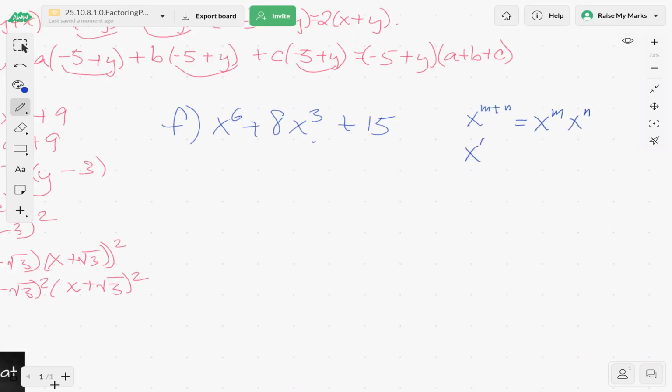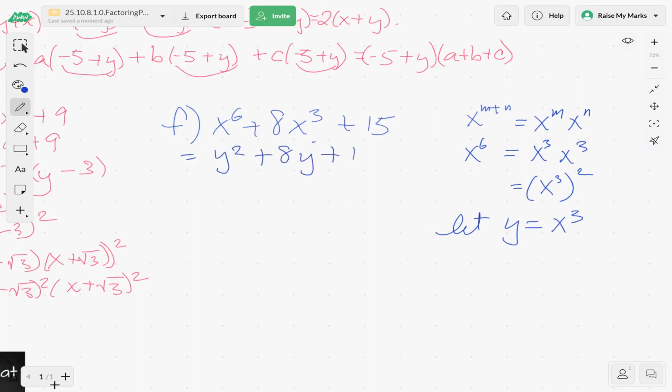So in our case, x to the 6 equals x cubed times x cubed, or x cubed all squared. So let's let y equal x cubed. If we do that, then our polynomial becomes y squared plus 8y plus 15.